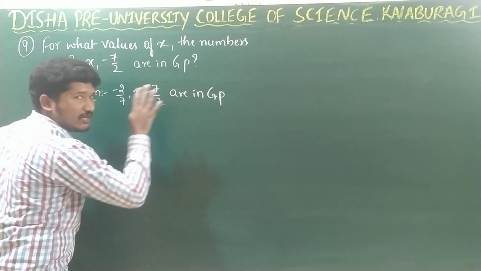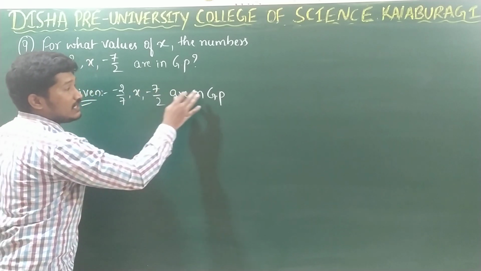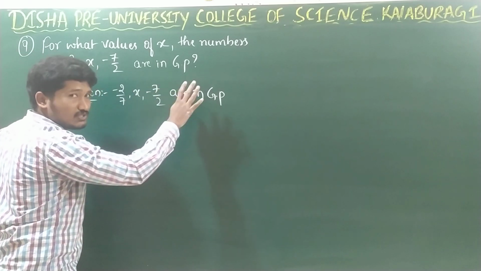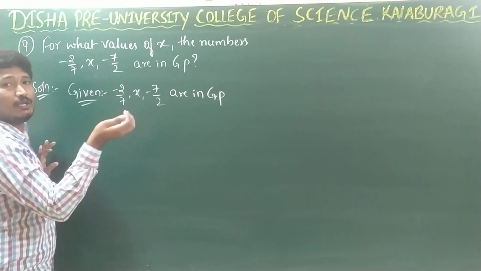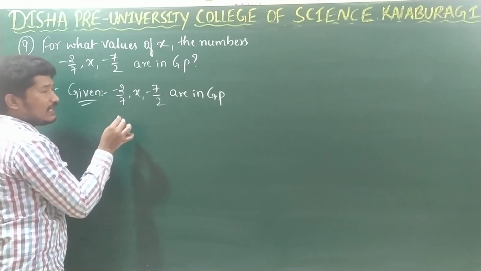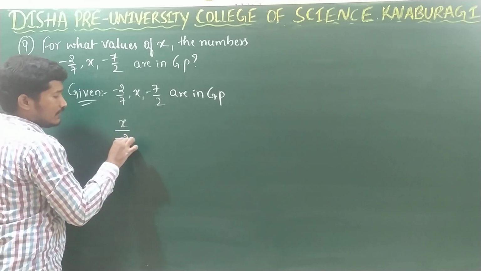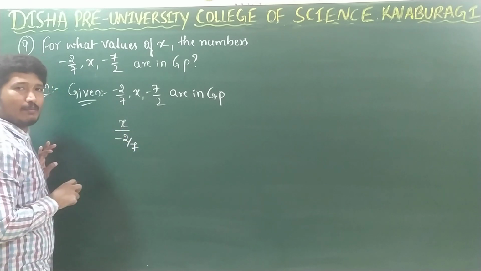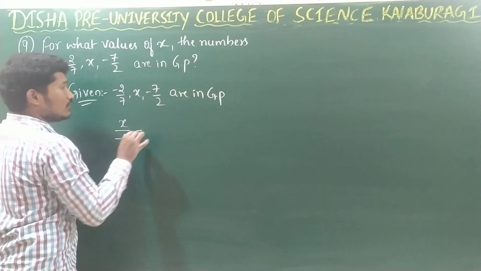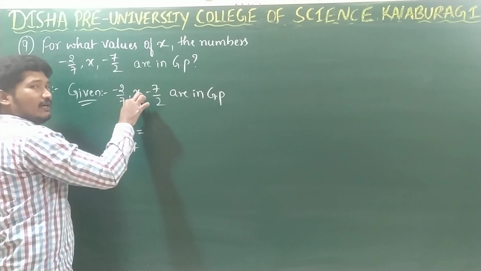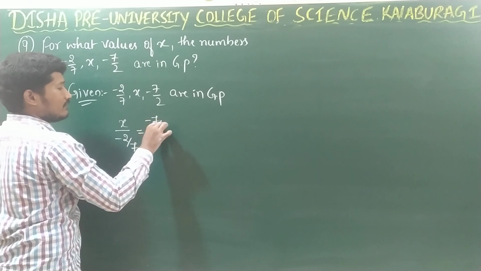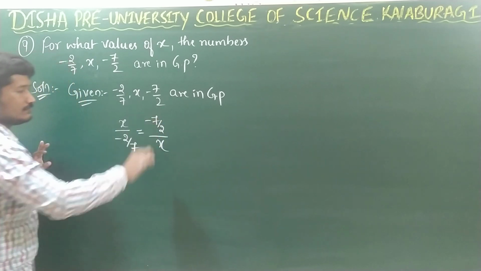Sorry, these three are in a geometric progression. That is GP. So the ratio will be common. So I can take it as A2 by A1, that is x divided by minus 2 by 7. This is equal to A3 divided by A2, that is minus 7 by 2 divided by x.